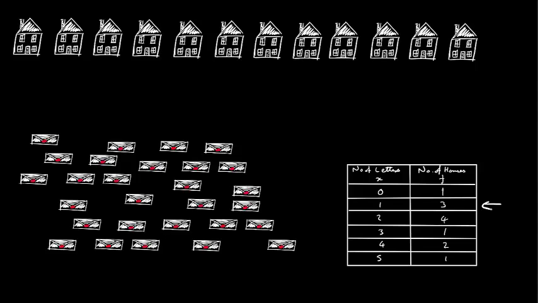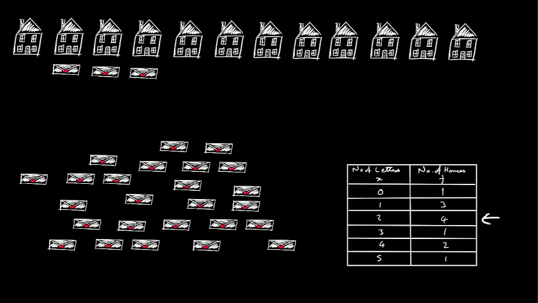So I take one letter and deliver it to this house here, because remember, the first house received no letters. I take another letter and send it to this house here, and this house here will also receive just one letter, and that makes my three houses that receive only one letter.